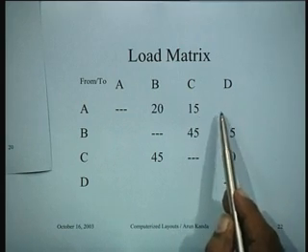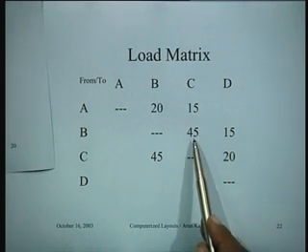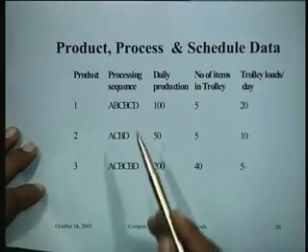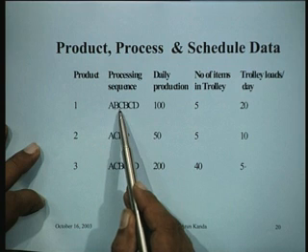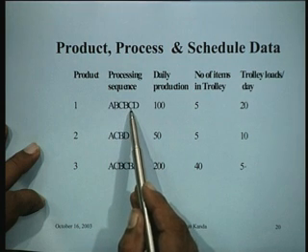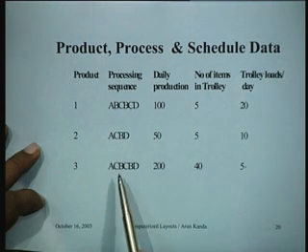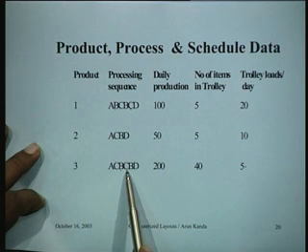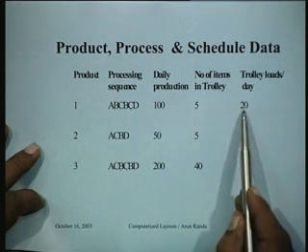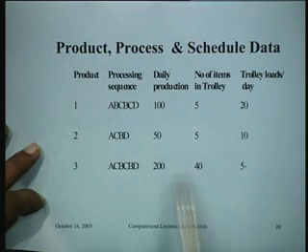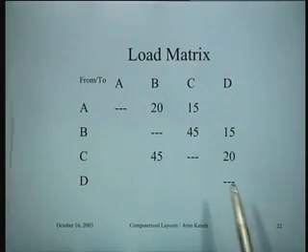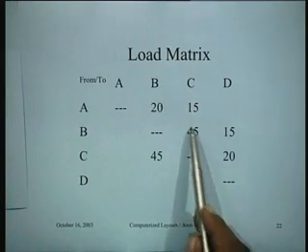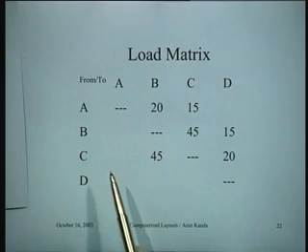There is no movement from A to D, but you have, for instance, movement from B to C. There is a movement from B to C here, and another movement from B to C here, and another here. So it's going to be 20 plus 20, 40, 40 plus 5 is 45. 45 trolley loads are going to be moving from B to C. That's what you're going to see in the plant.